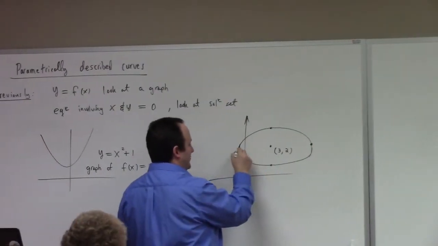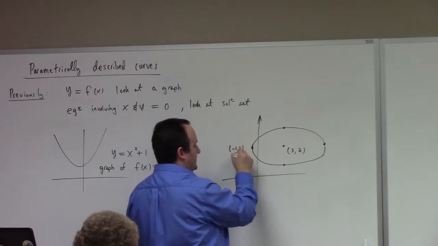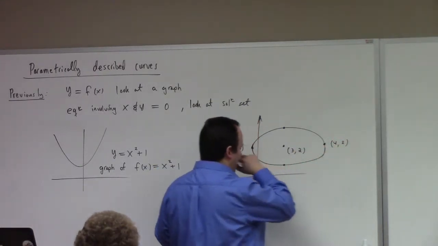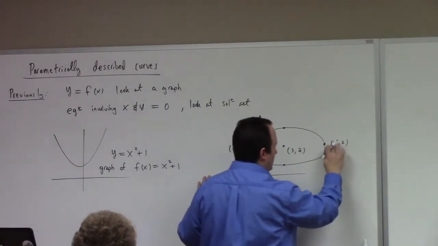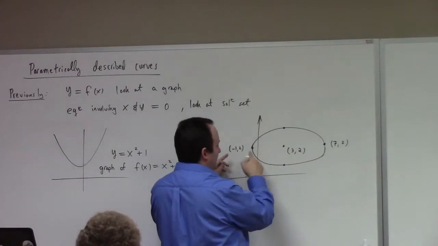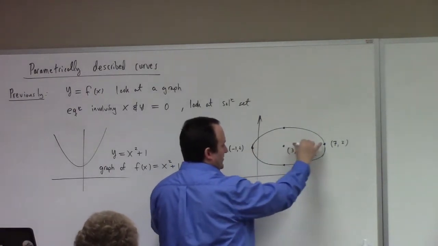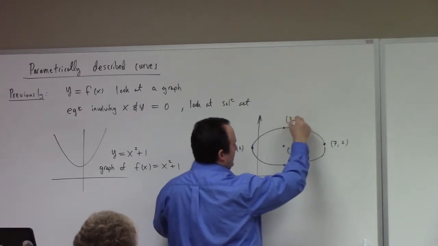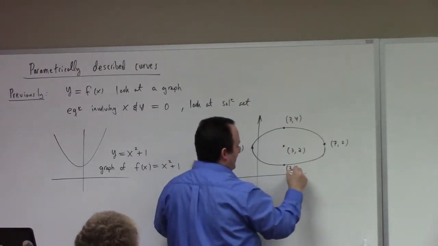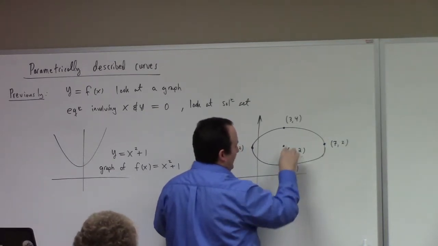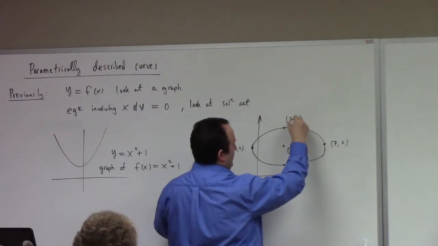Let's say this point here was minus 1, 2, and this point was 7, 2. Otherwise, it's not an ellipse. So it's the same distance from the center point to both of those, right? And then above and below, let's say it's 3, 3 and 3, 1.